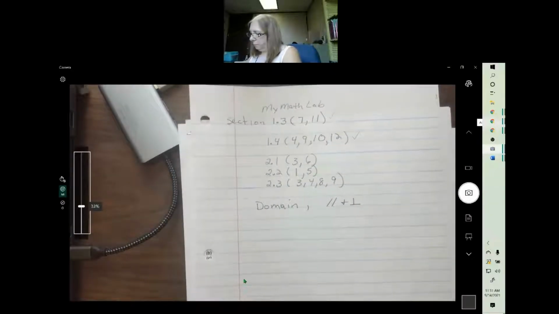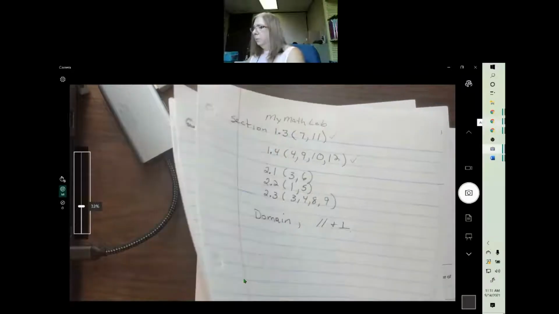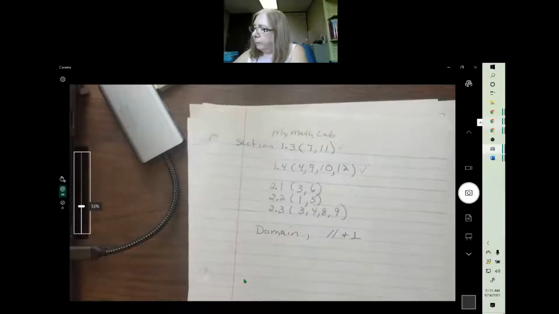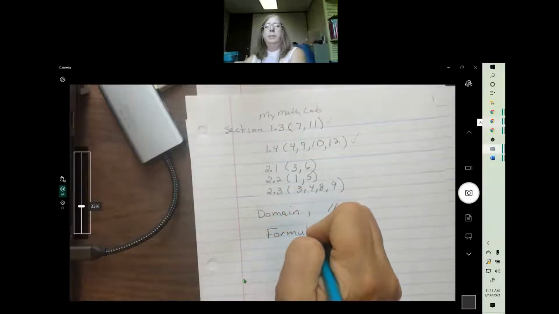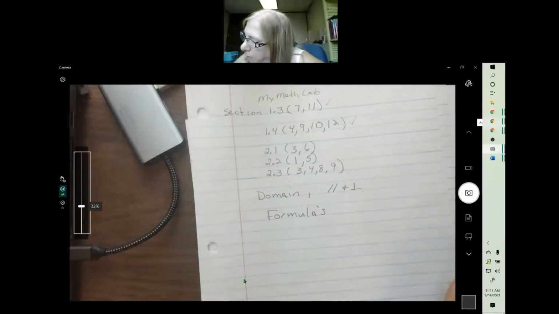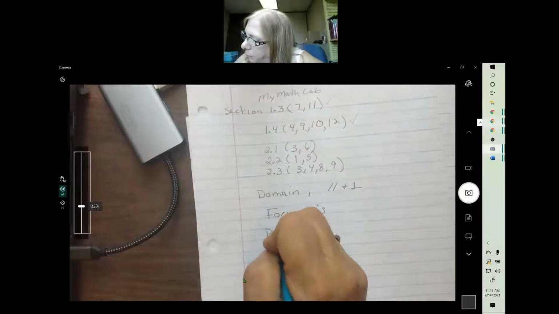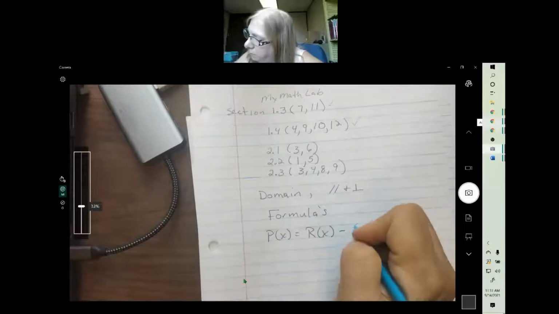I thought I had a formula sheet. Must have threw it away. Formulas that you would need to know would be: profit is revenue minus cost.